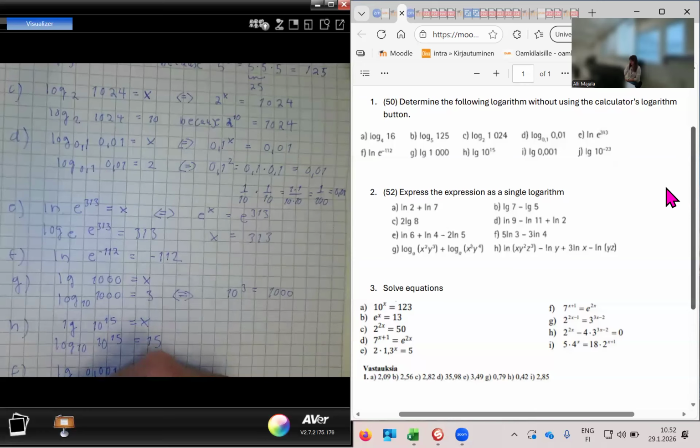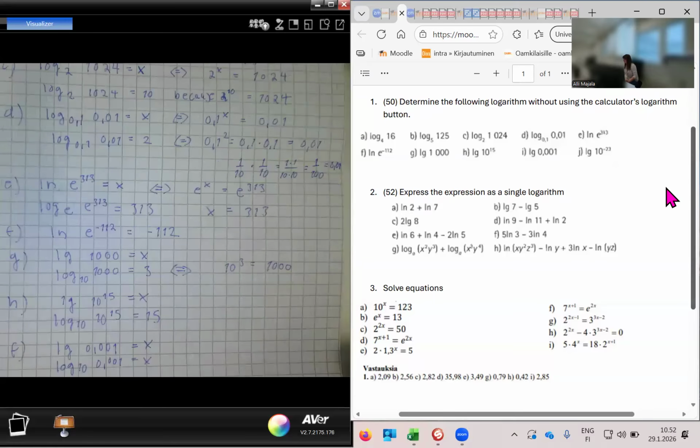This is the 10 base logarithm. 1 is x. Notice it's a bit slow. Which would need 10 to the power of x is 0.001.